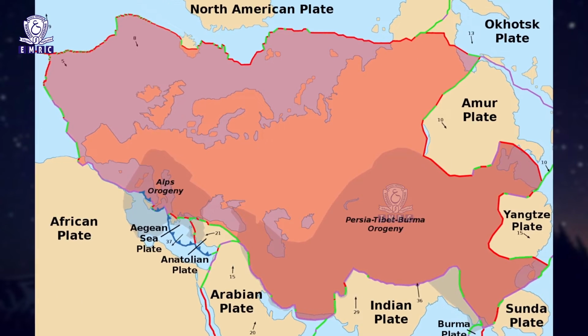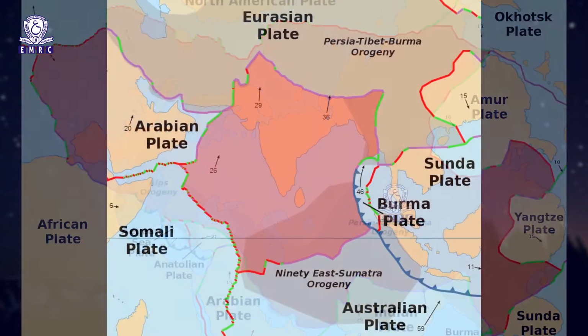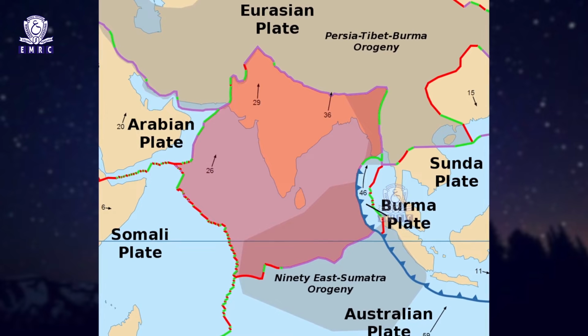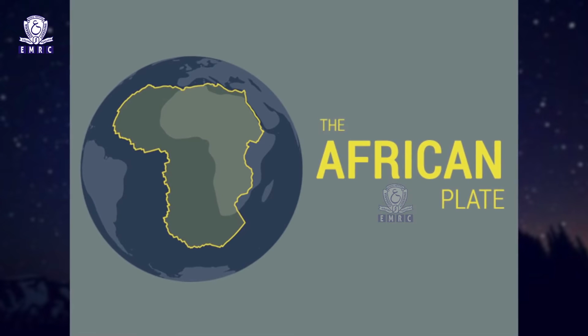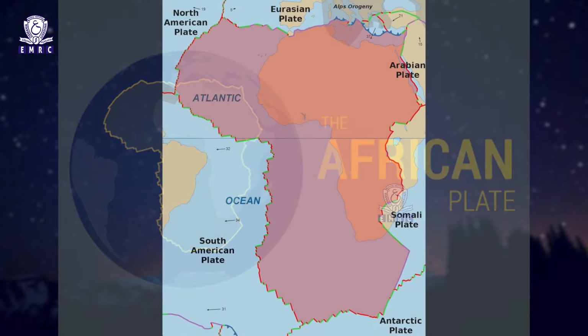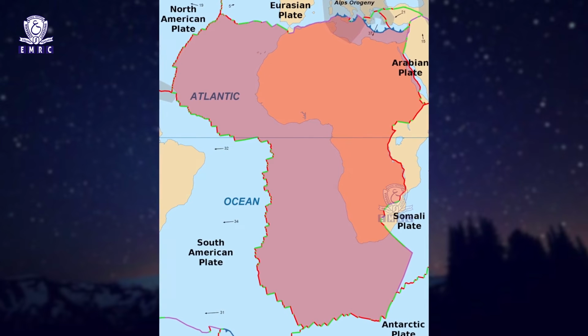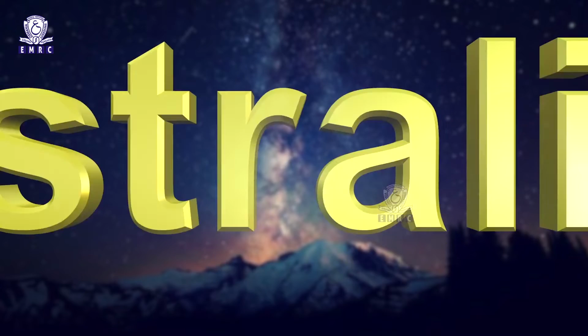The plate includes Europe and Asia, excluding India. The plate is mostly a continental plate. African plate. This plate is also made up of both continental and oceanic material. It includes the continent of Africa and the Eastern Atlantic floor.